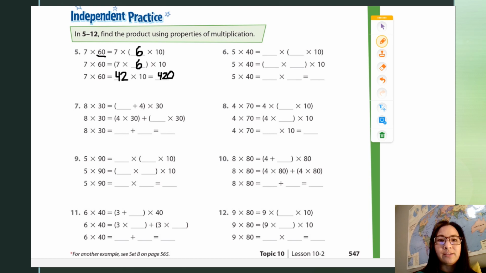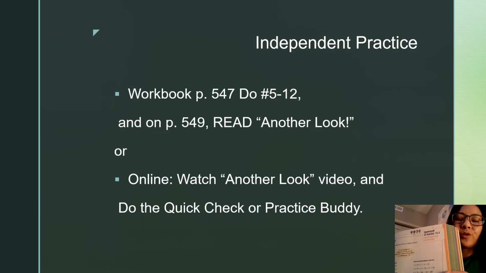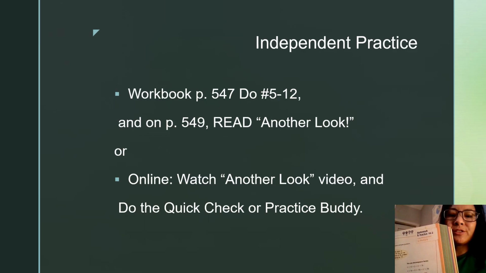On the next slide, you'll see what the assignment is if you are going to be doing the work online. I should also mention, besides doing these problems, 5 through 12, I would also like for you to take a look at the next page that's got the Another Look problem here. Let me show that to you. Okay, so you can see here the workbook pages that I've listed, 547. You'll do numbers 5 through 12. Well, actually, I did 5 for you.